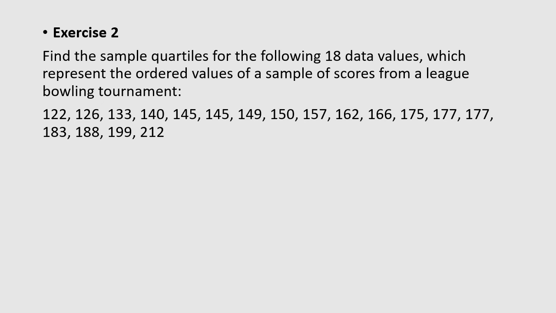find the sample quartiles for the following 18 data values, which represent the ordered values of sample scores from a league bowling tournament. I have ordered the data set in increasing order from smallest to highest. Now find the sample quartiles: Q1, Q2, and Q3. How do you do it? I haven't discussed anything about calculating quartiles.